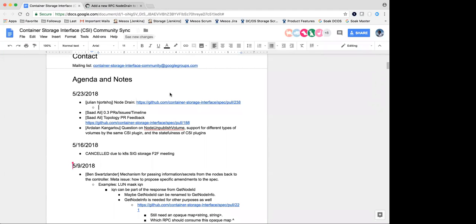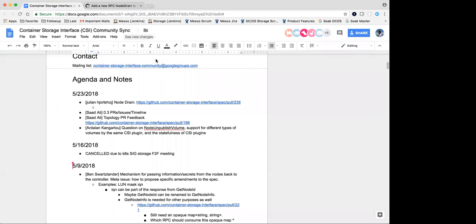Yeah, and I'd like to maybe leave people with a thought that maybe node drain is a very specific case of a more general problem, which is that the CO wants to periodically reconcile its understanding of the world with that of the plugins. And we have list volumes, and that covers part of the reconciliation, right? Because it lets the CO discover pre-created volumes.